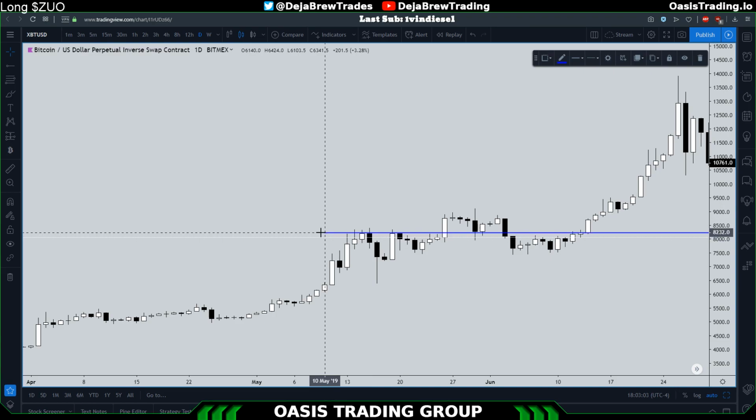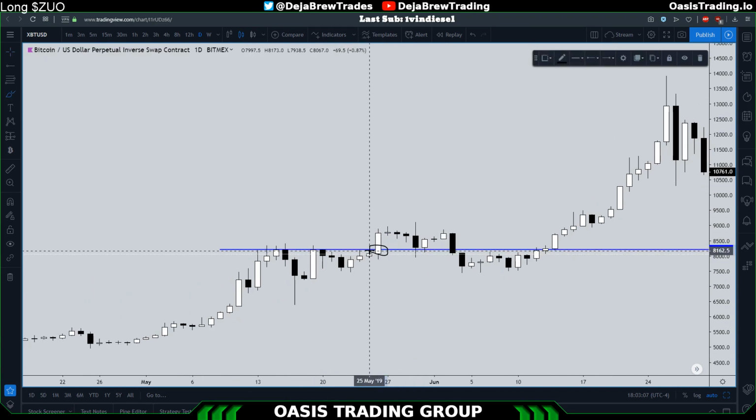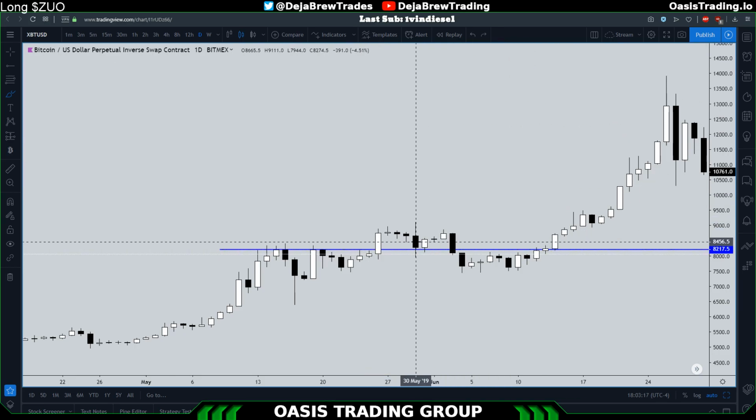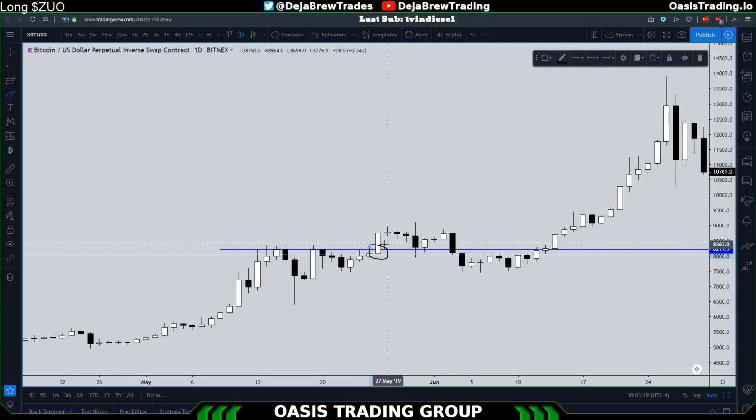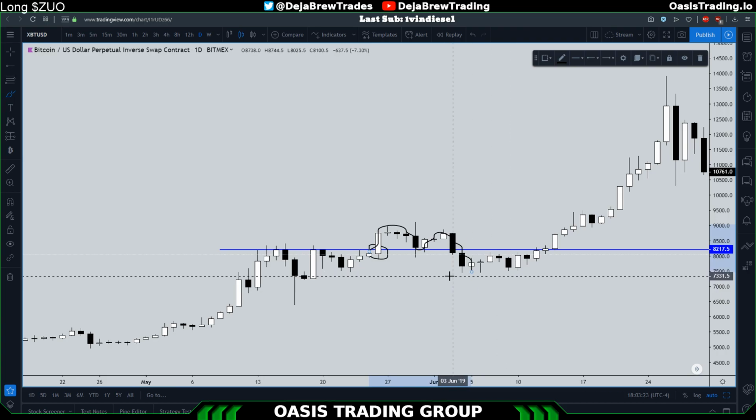Let's say I took this breakout trade here. If I took it in full size, I probably would not have taken profit on that tiny little move there. That's too small of a move for me to take profit. So if I would have taken full size here, and it faked out and pulled back, it would have stopped me out probably.